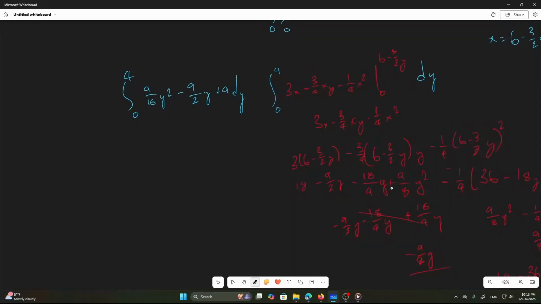And now we can solve this integral again to get our final result. So 9 over 16 y squared will become 3 over 16 y cubed minus 9 over 4 y squared plus 9y. And we would evaluate this from 0 to 4.